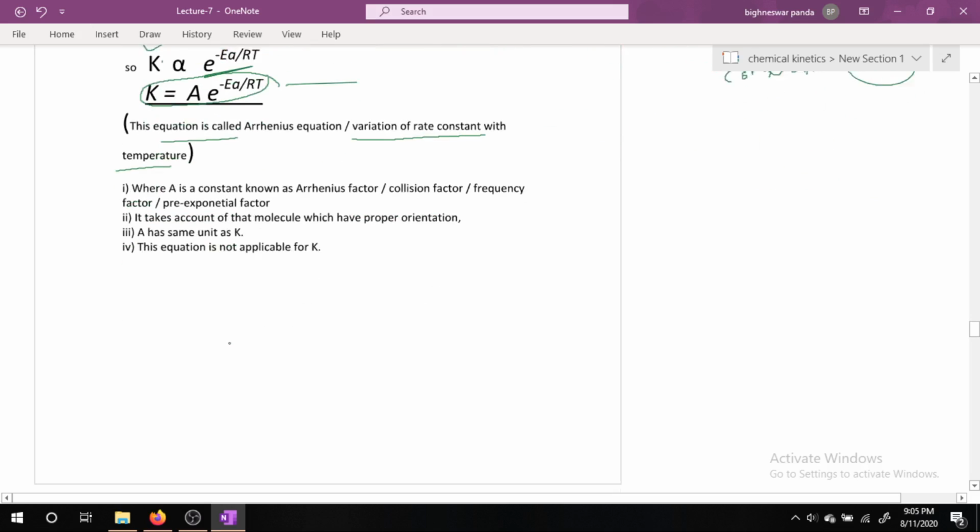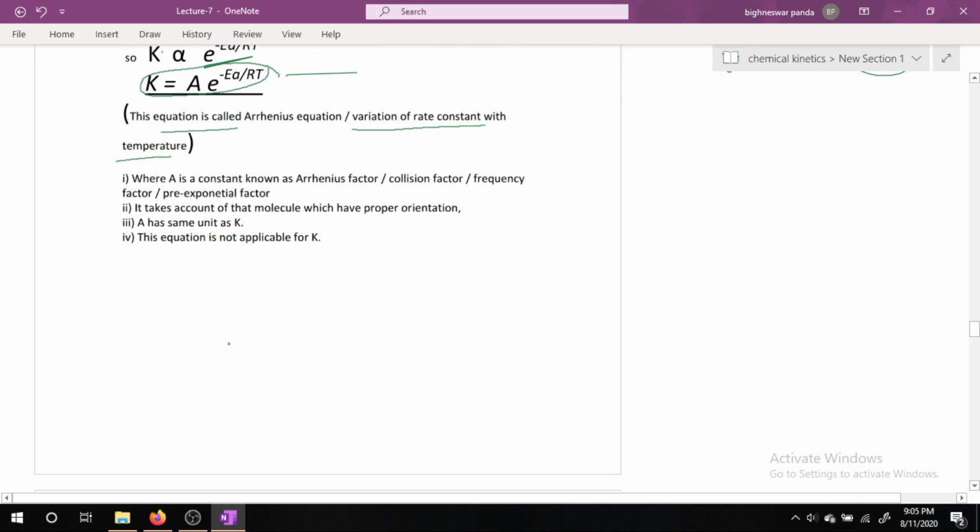These are the important points you have to remember, where A is a constant known as Arrhenius factor, collision factor, frequency factor, or pre-exponential factor. This equation takes account of those molecules which have proper orientation.